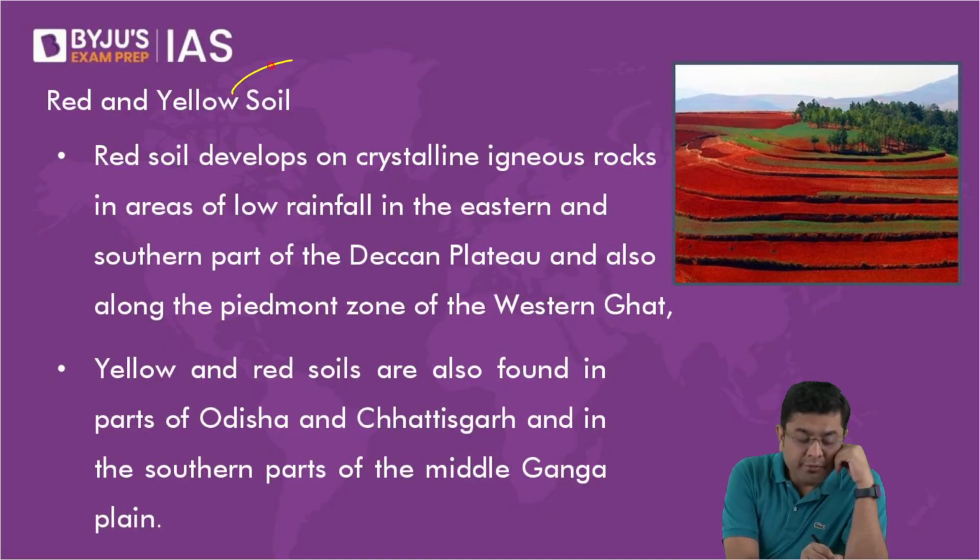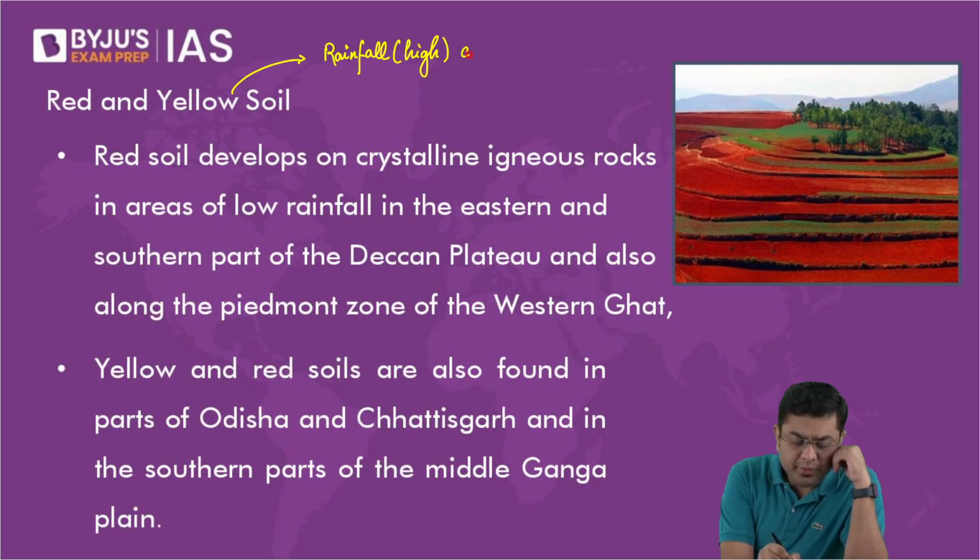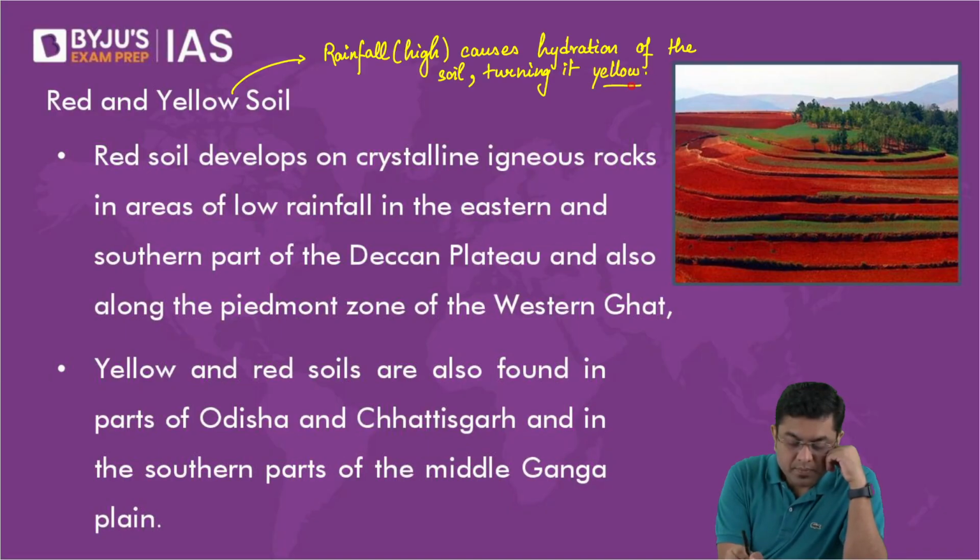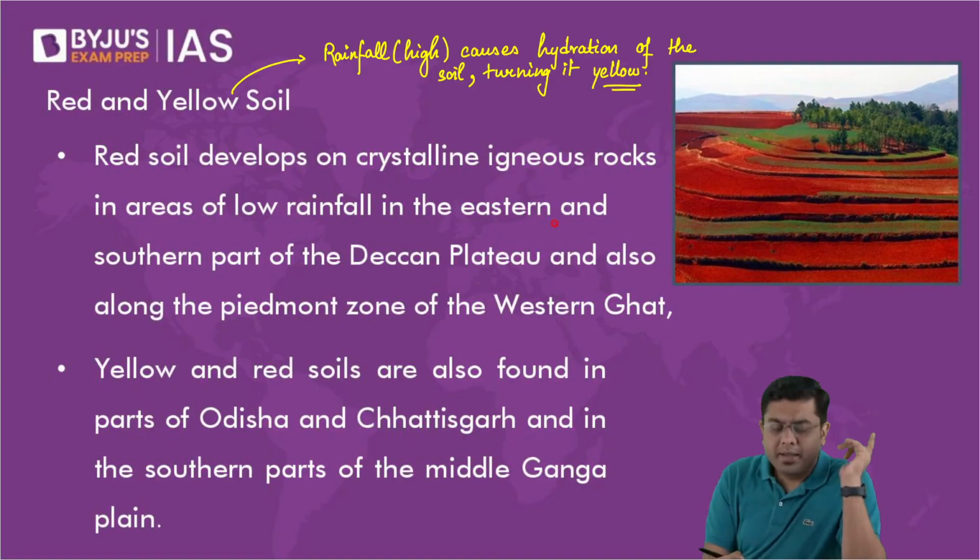So a high amount of rainfall causes hydration of the soil, turning it yellow.